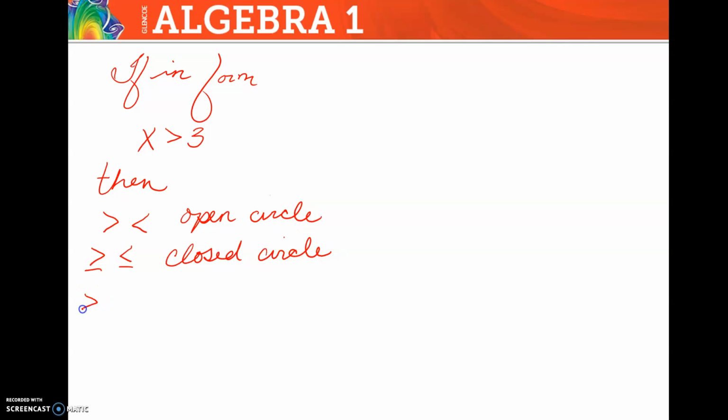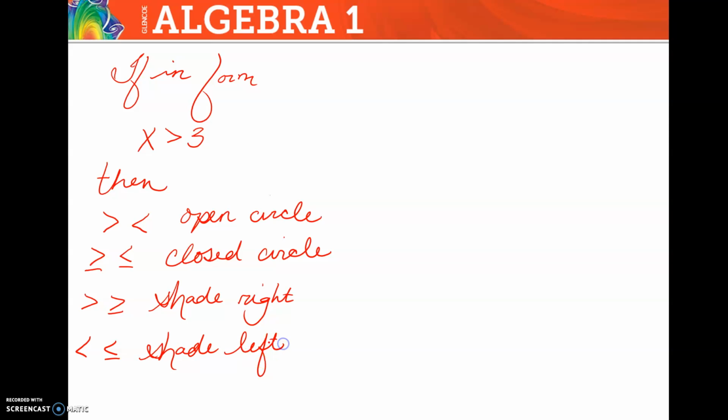And if it's greater than or equal to, we're going to shade right. If it's less than or equal to, we're going to shade left. And then also we want to remember, key thing, we can add and subtract on both sides.